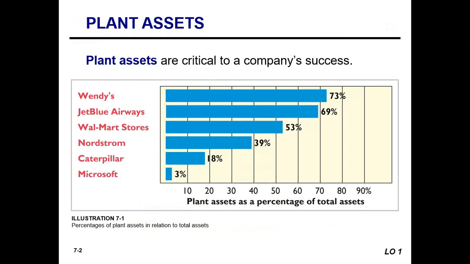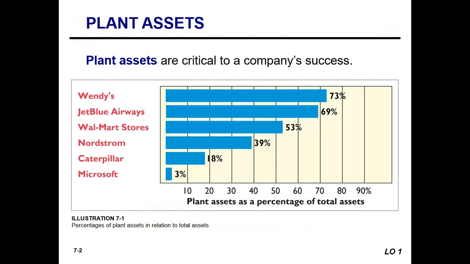This slide is not quite correct. Plant assets are critical to many companies' success, but many companies do not have much in the way of plant assets. My company, for example, we have a few desks, some file cabinets, and some computers.